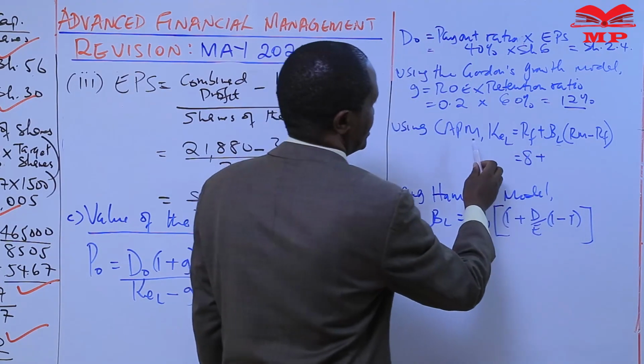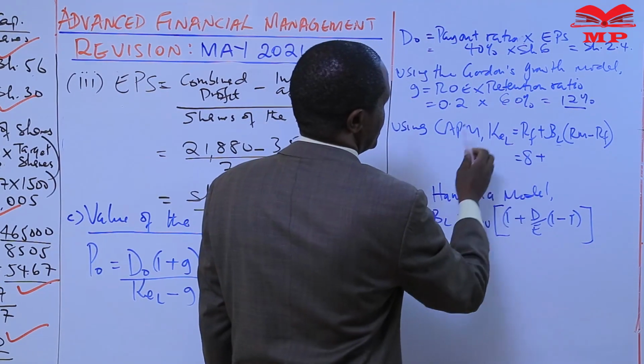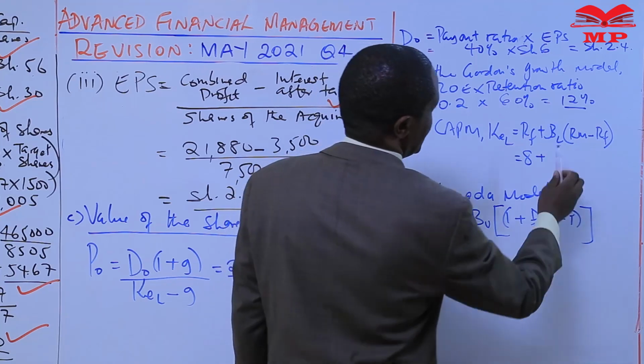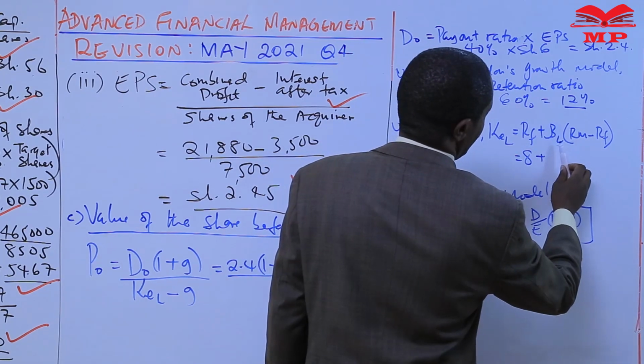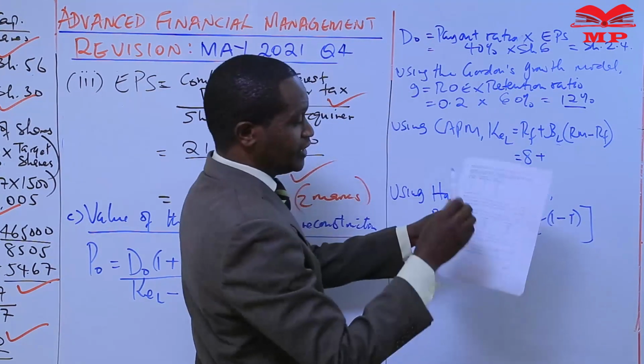And in calculating the cost of a levered firm using CAPM, we need to determine the beta of a levered firm, which we do not have in the question.